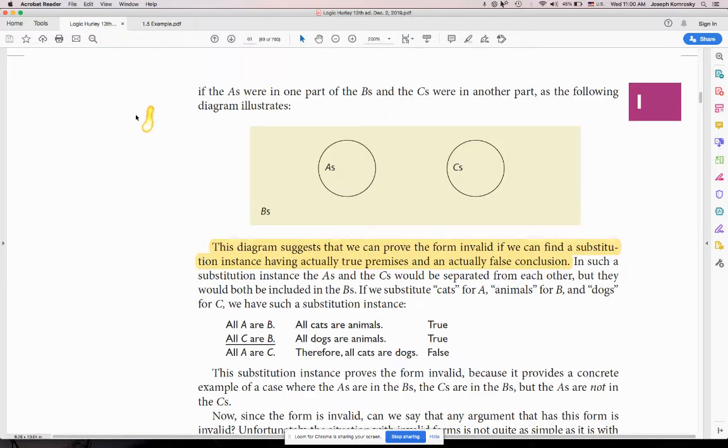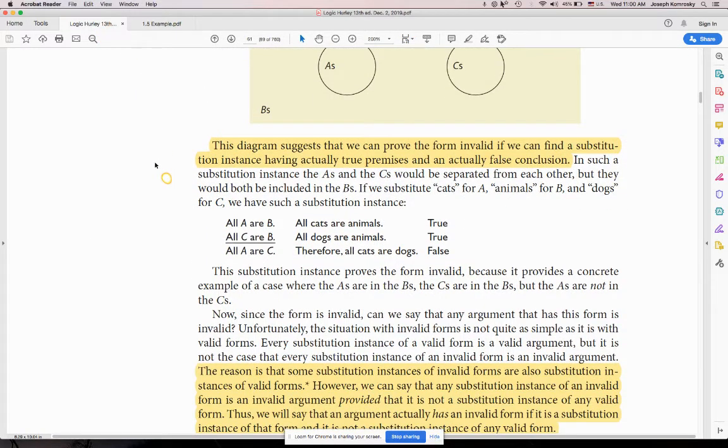Okay. What are we getting at? He's trying to say, well, let's just look at another example. All A are B, all cats are animals, seems totally true, right? All C are B, all dogs are animals, no problem, that's true too. And then if you keep that same structure, all C are A, therefore all cats are dogs. What? That's totally absurdly false. And he's going to say that's the point.